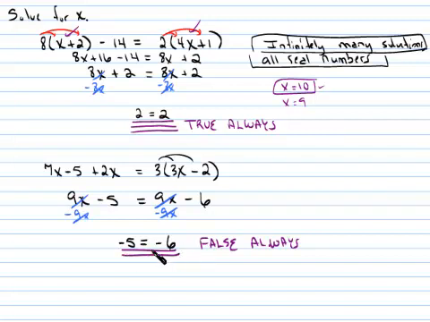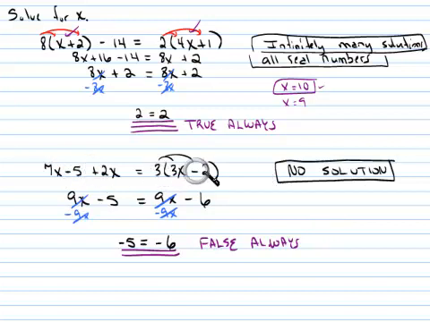What does that tell you about the answer? Well, the answer you would write on MyMathLab or on my paper would be, instead of saying there's infinitely many solutions, you're actually going to say there's no solution to this problem. It's impossible to solve. There is no value of x that will make this side equal to this side.